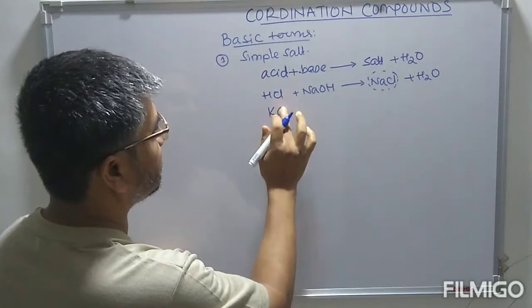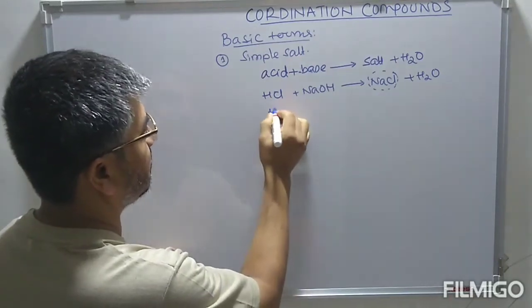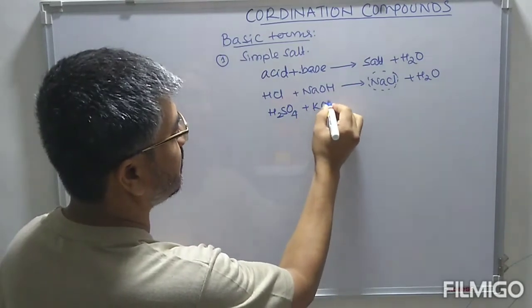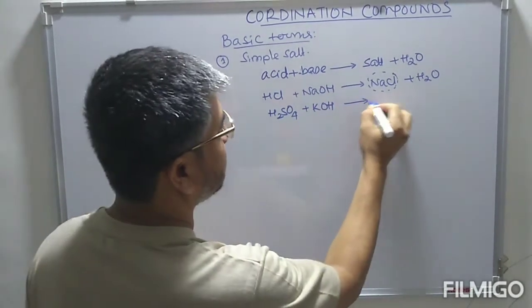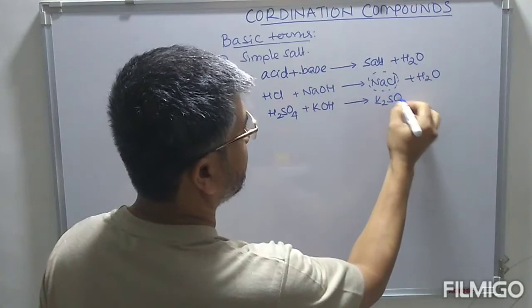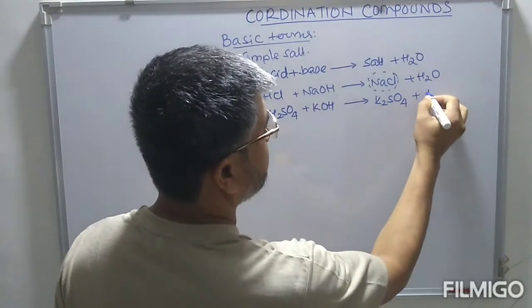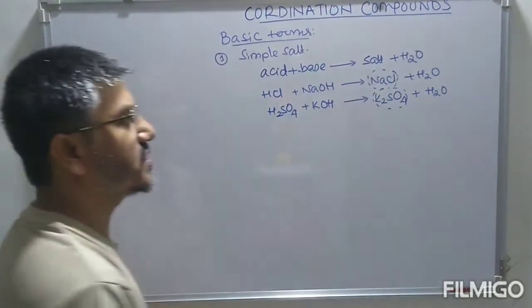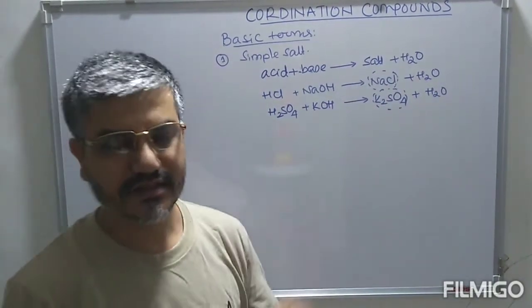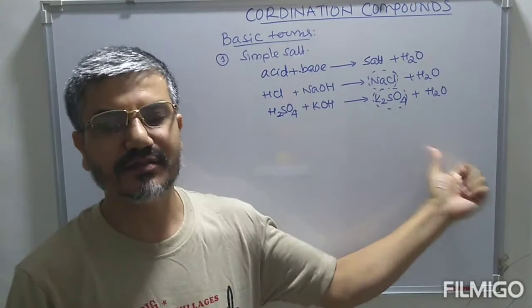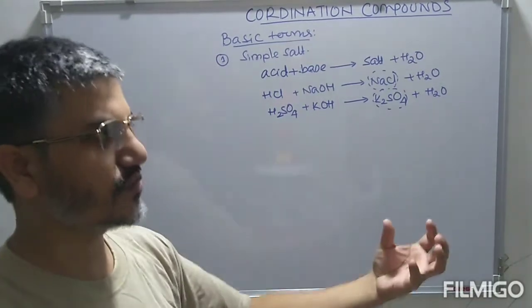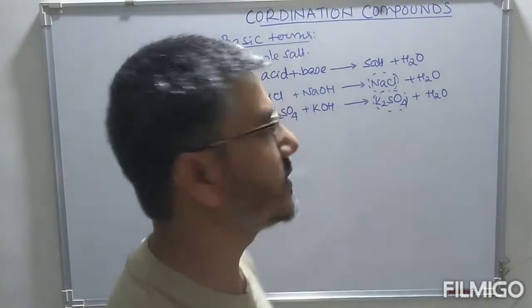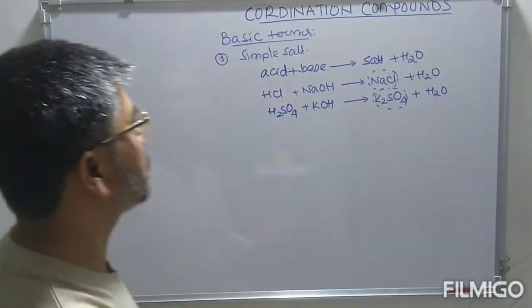Take this: H2SO4 plus KOH gives you K2SO4 plus H2O. You look at this, potassium sulfate contains a simple cation and a simple anion. So these types of salt which contain a simple cation and a simple anion are known as simple salt.